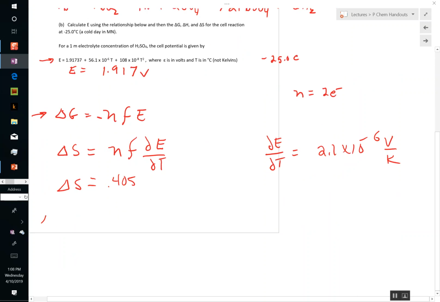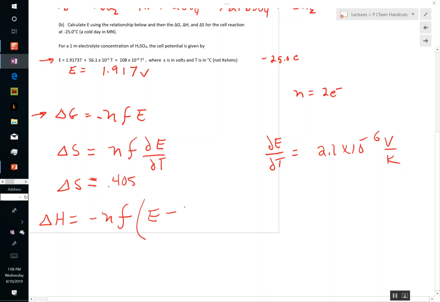And then delta H, what equation did you use for delta H? Negative nF times, in parentheses, E minus T dE over dT.